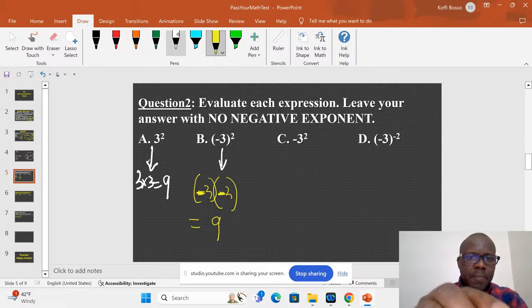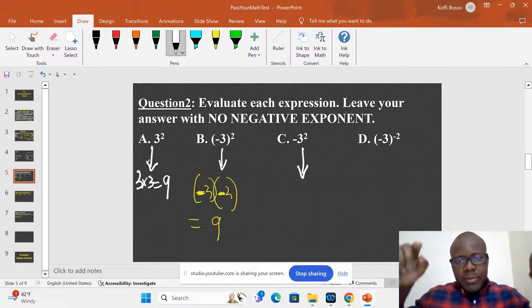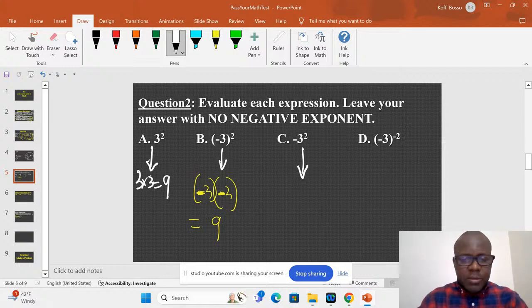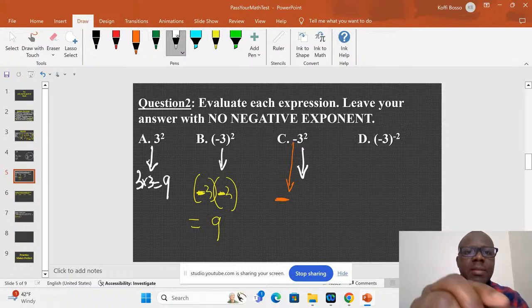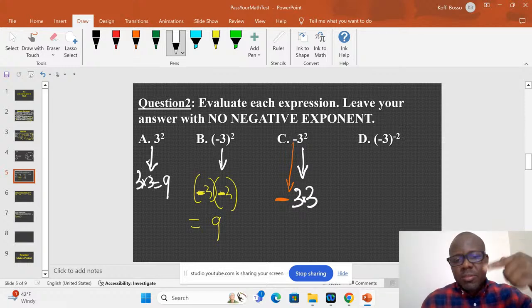C. Let's see here. C is different from B. Why? Because B has the negative 3 in parentheses. In C, the negative 3 is not in parentheses. That means we will not repeat the negative. I will keep that negative sign, but only the 3 I will repeat. So 3 multiplied by another 3, because the exponent is 2.